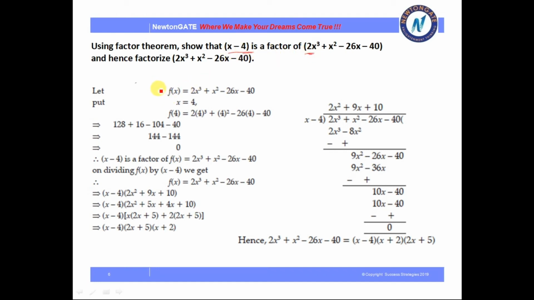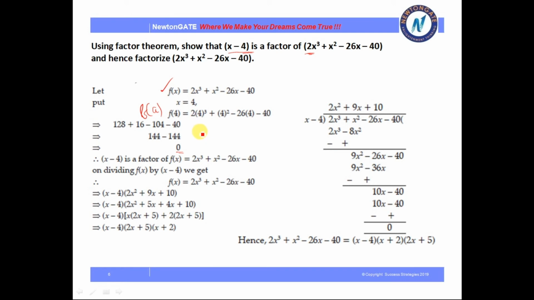So let f(x) be 2x cube plus x squared minus 26x minus 40, and what is the value of a? a is 4. So f(a) is equal to f(4), that is equal to 0. So we see that x minus 4 is a factor of the given polynomial. So we found out that this polynomial f(x) has one factor, that is x minus a.